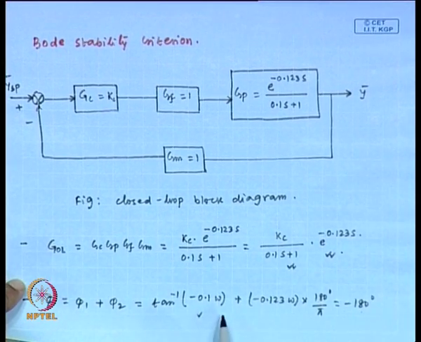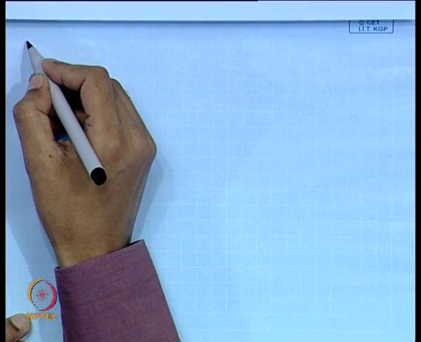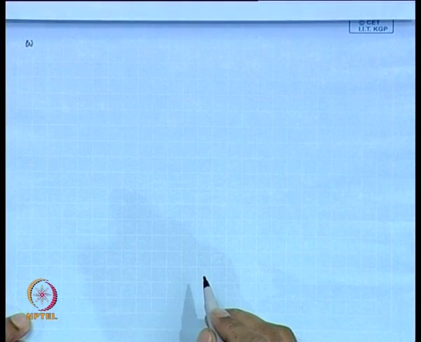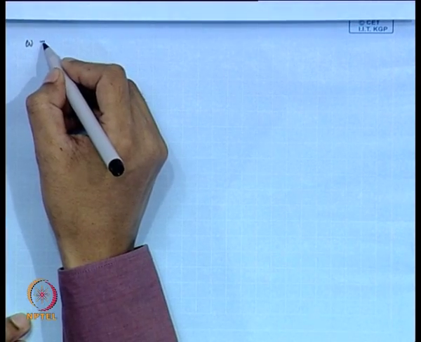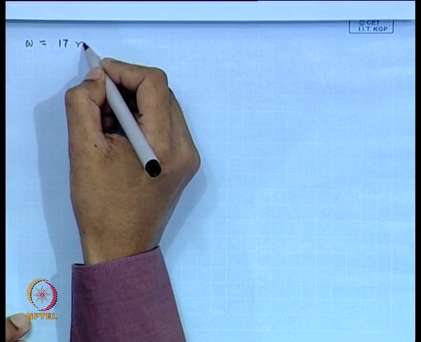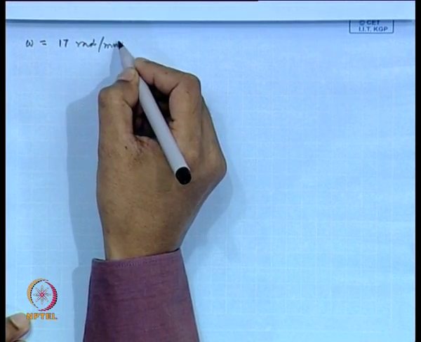Can you calculate from this expression the value of omega? We are considering phi is minus 180 degree. Now, we will calculate from this the value of omega, that we obtain 17 radian per minute. The value of omega at phi equals minus 180 degree is called crossover frequency.